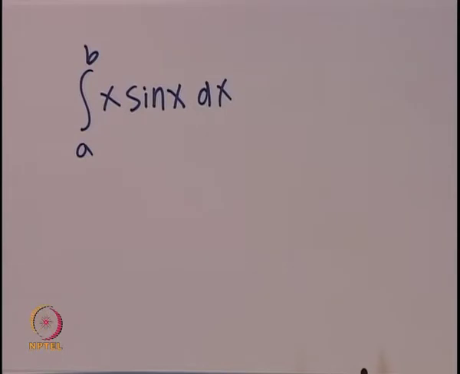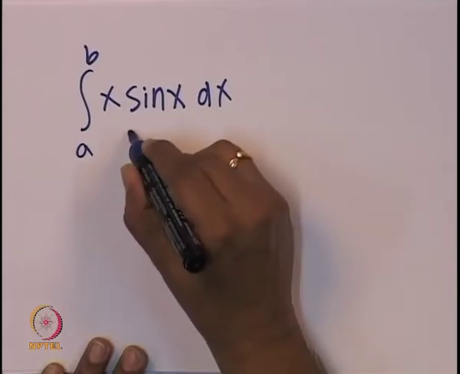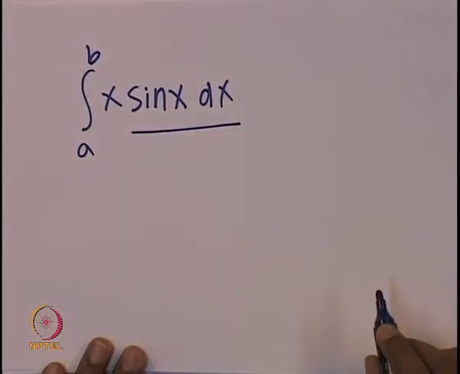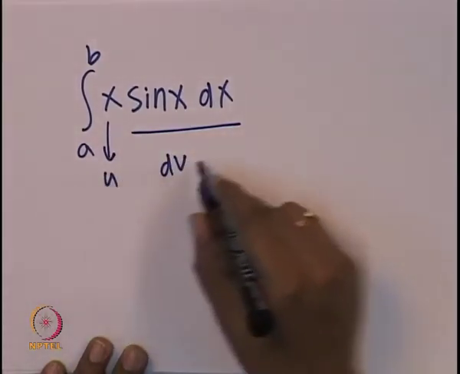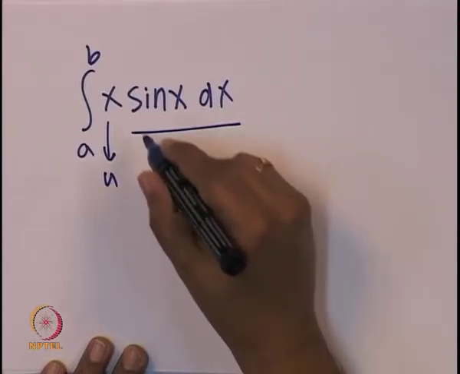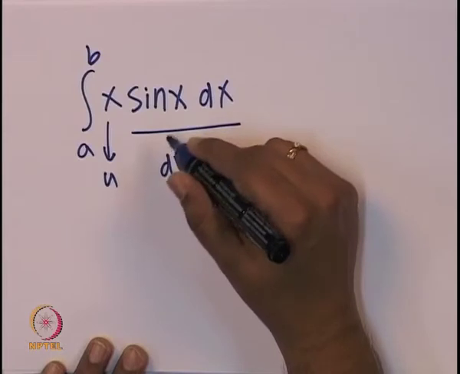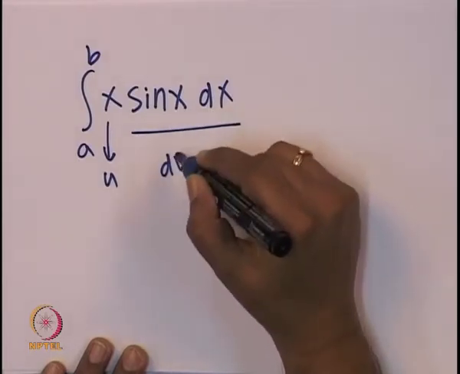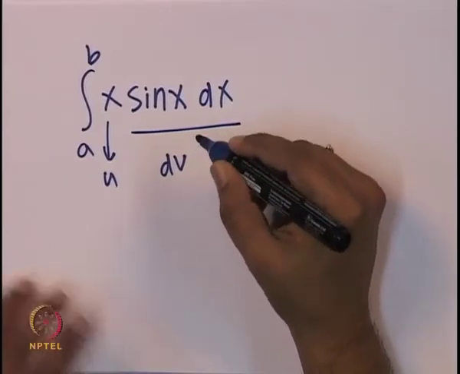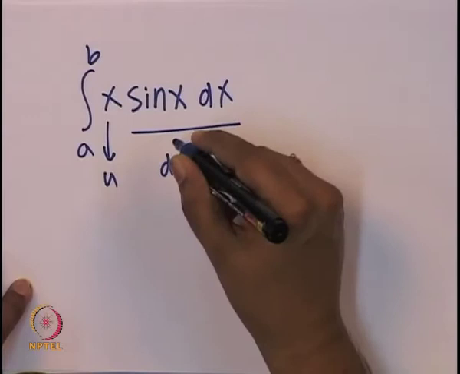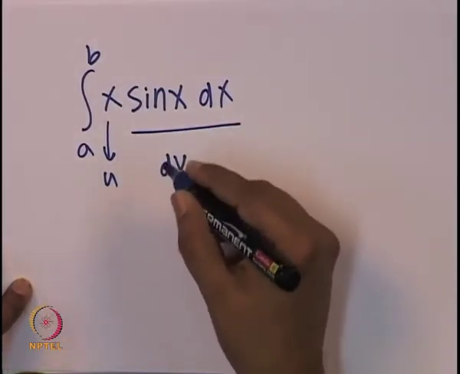So, this sin x dx you can think of as dv, and x as u, so this is like integral u dv. If this is dv, the integral of sin x, that is v, is nothing but cos x, right. Actually it is minus cos x, so we will put a minus sign.